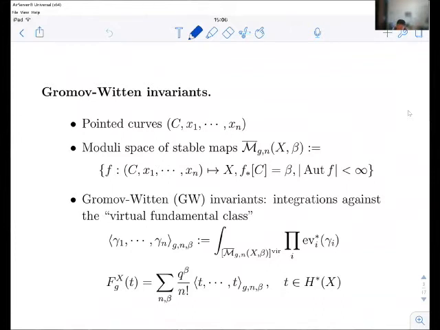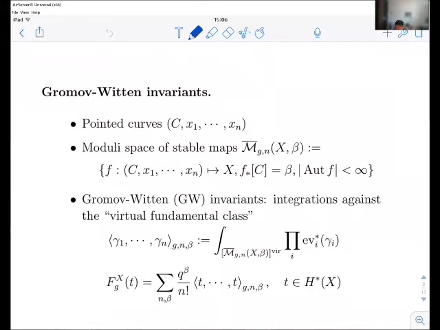A stable map is from the pointed curve C with some marked points to some target variety. Here C, because we want this moduli space to be compact, we allow to have nodes. So the worst singularity will be the nodes, and we call them nodal curves.